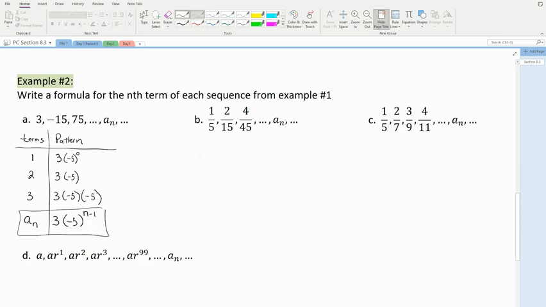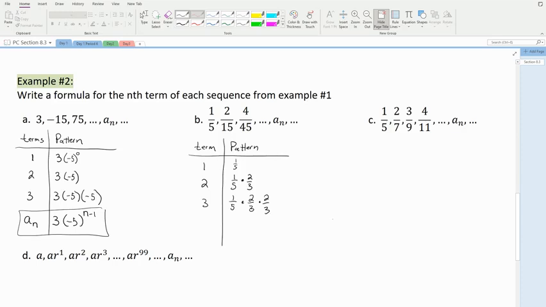On this one, if we do the same thing, we can see that term 1 is simply 1/5. Term 2 is 1/5 multiplied by 2/3. Term 3 is 1/5 multiplied by 2/3 and then another 2/3. 2 times 2 is 4. 5 times 3 is 15 times 3 is 45.